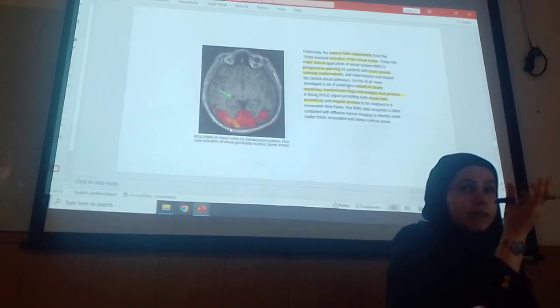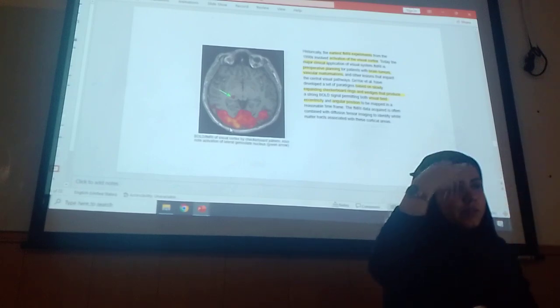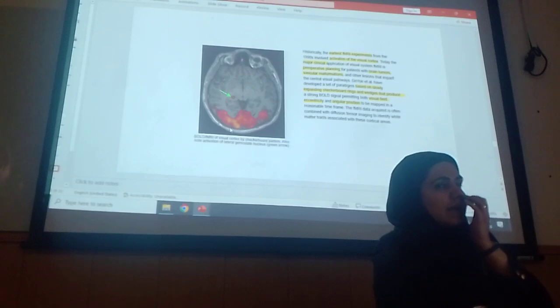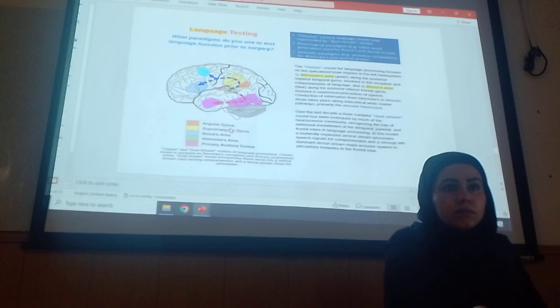We set visual tasks for these patients and acquire signal from the brain to map visual activation. We know visual activation is related to the occipital area. Language testing.